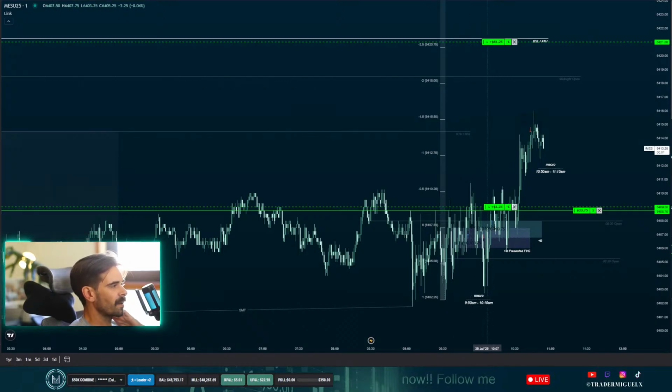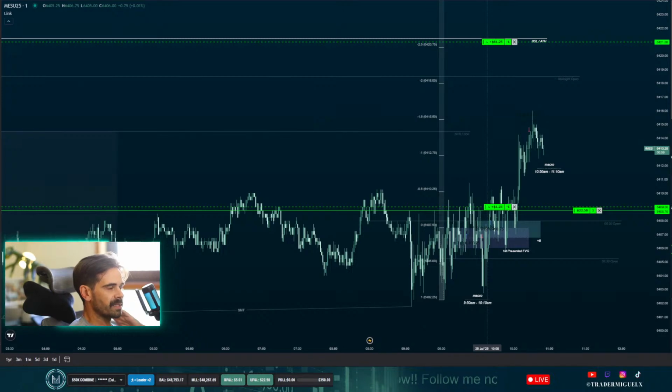And I think my biggest mistake was trading ES, but expecting it to move like NQ. That's why I probably took this loss here. But it is what it is.